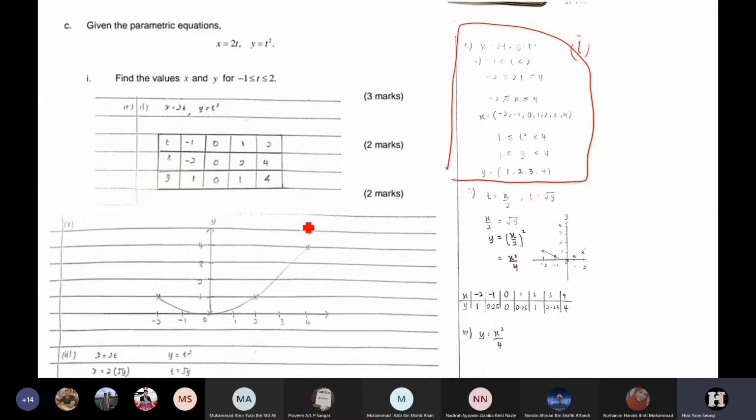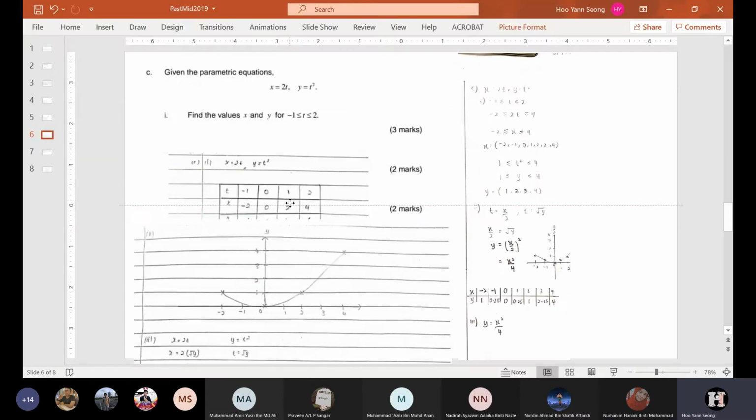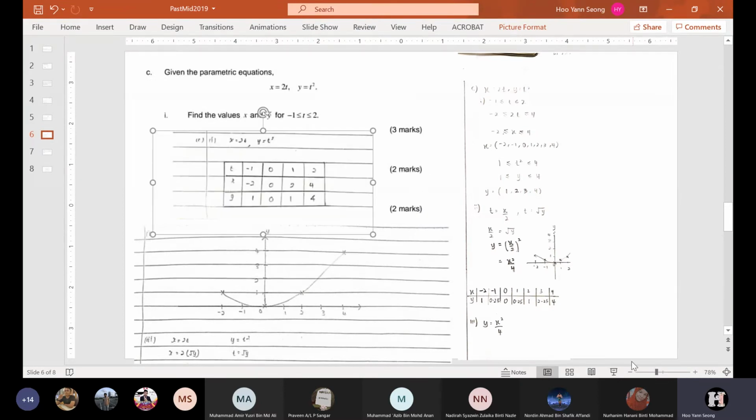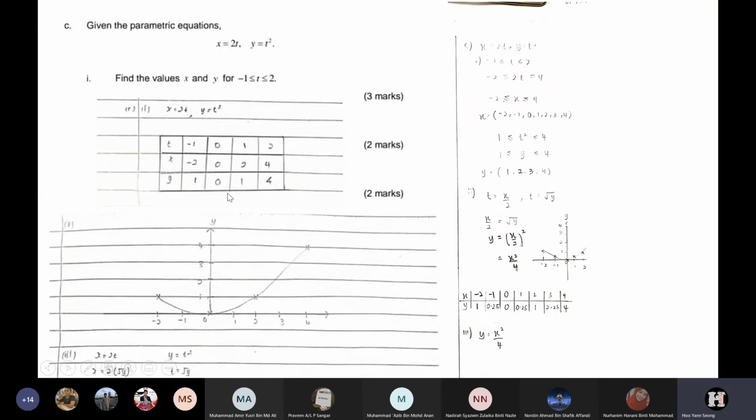Then the second part of the question asks you to sketch the graph. It is only a simple sketch of the graph. This person already put it in a table, so he only plots negative 2, 1 is here, 0, 0, 2, 1, 4, 4.